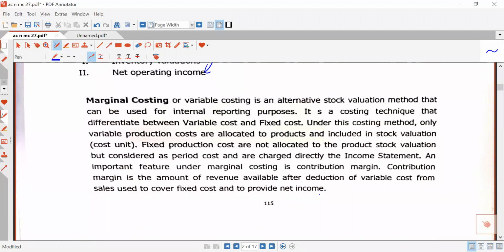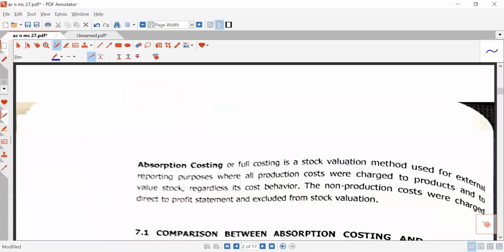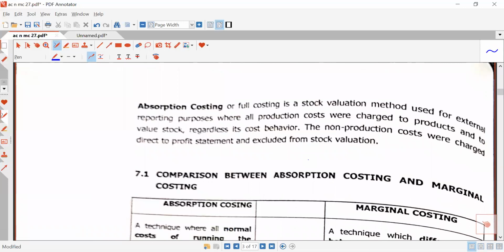Now, I'm going to go to absorption costing first before we go to marginal costing. Absorption costing, or another name, full costing, is where you value your stock, and this is used for external profit reporting.